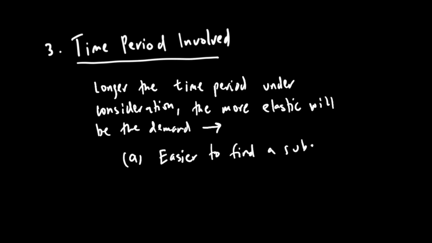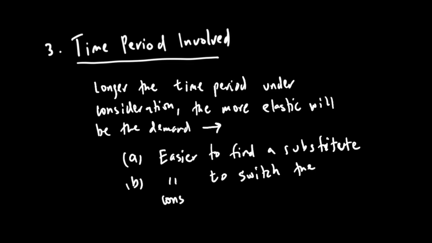It's difficult to find a substitute in a short time period, but easier in a longer one. Similarly, it's easier not only to find a substitute, but also to switch the consumption to a new good.